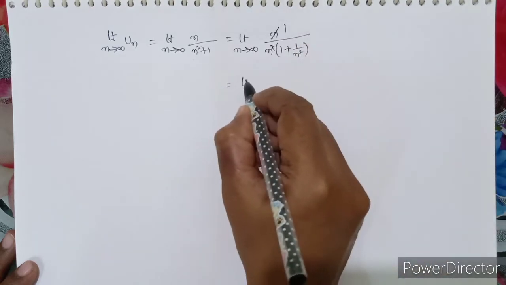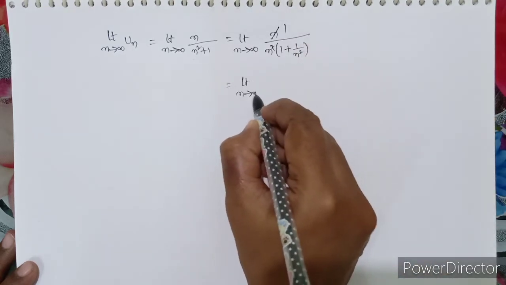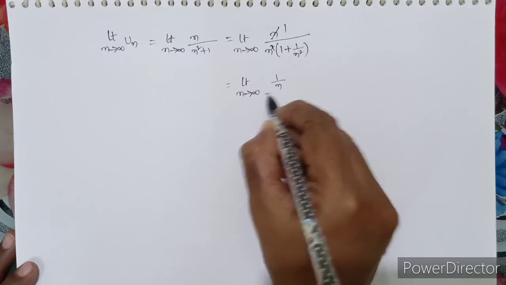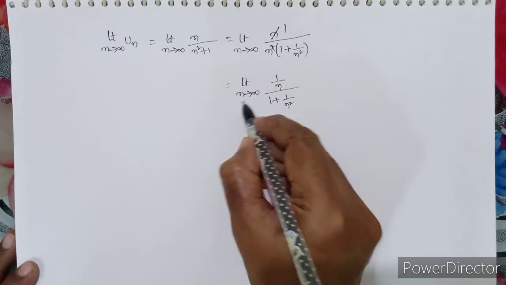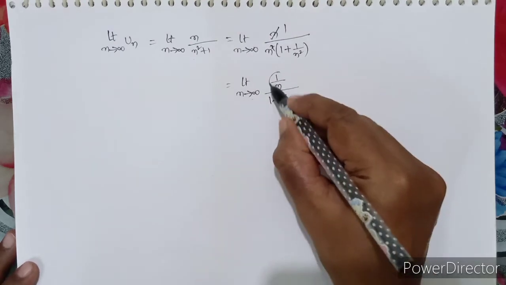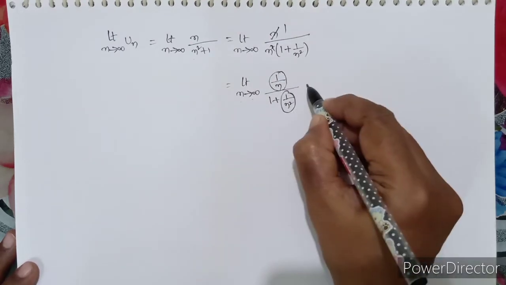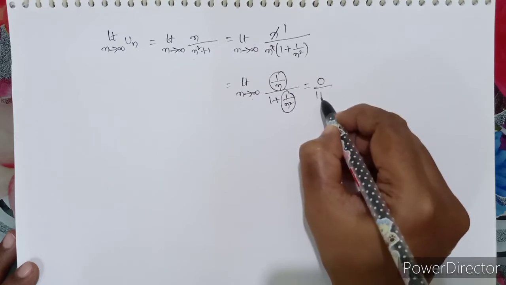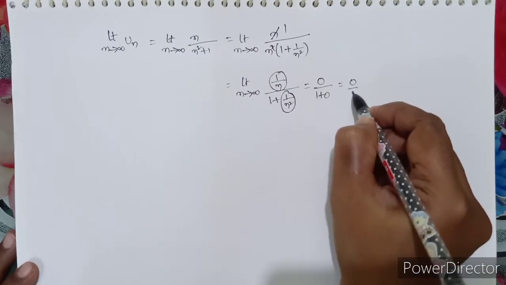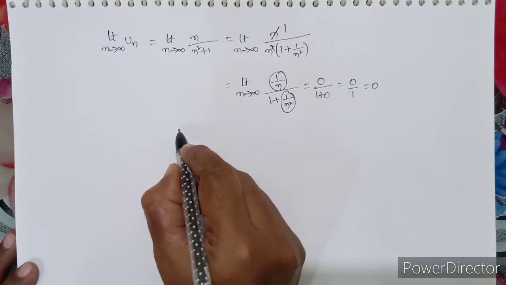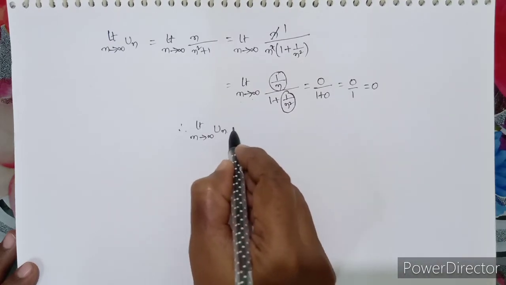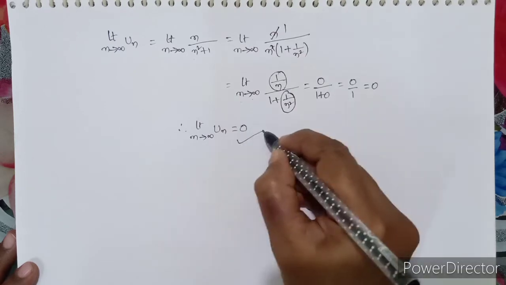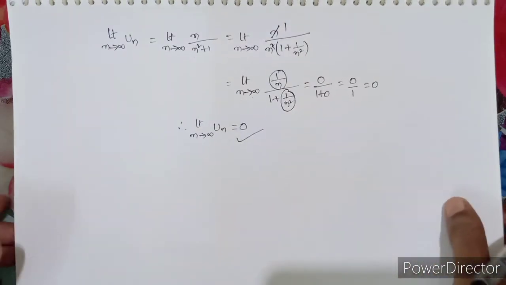We write it as limit n tends to infinity 1 by n by 1 plus 1 by n square. N tends to infinity means 1 by n tends to 0. Therefore this is 0 by 1 plus 0, and 0 by 1 is 0. Therefore limit n tends to infinity un equals 0. This is the second condition of the Leibniz test.